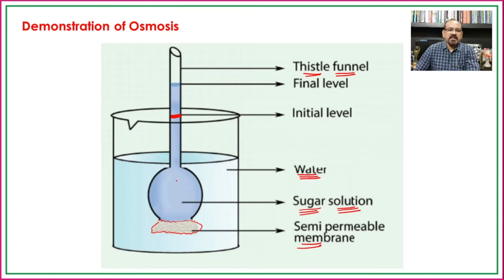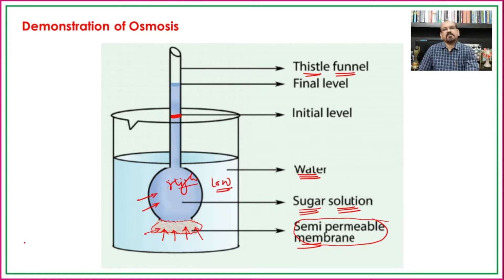So because of this, the inside contains the higher concentration and outside will have the lower concentration, and hence from the region of lower concentration to the region of higher concentration there is a movement of the water through the semi-permeable membrane, and the water will enter inside the thistle funnel, and because of that the initial level will now rise up and it is said to be the final level.